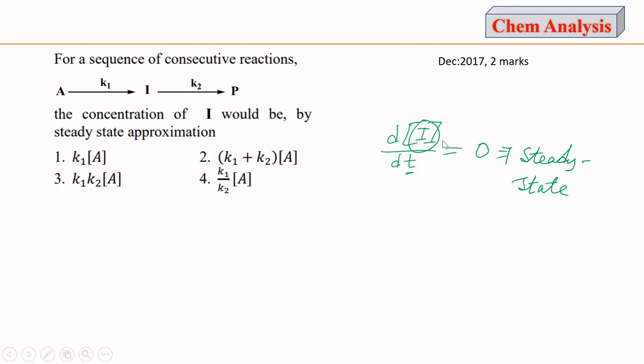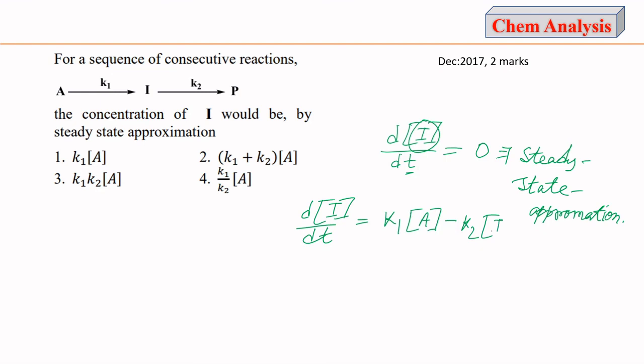That means as the intermediate is formed in a step, it will readily decompose to product or other intermediate. And if we apply the rule for these two conditions, we can write that dI/dt, for the first step it is equal to k1 into A, and in the second step since I is decomposing, so there will be minus, k2 into I, and it will be 0.